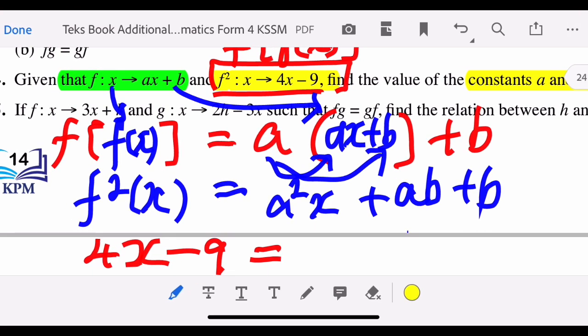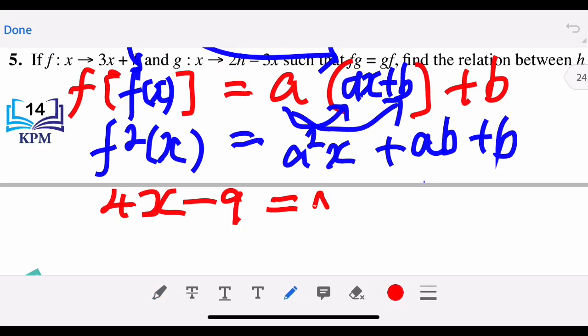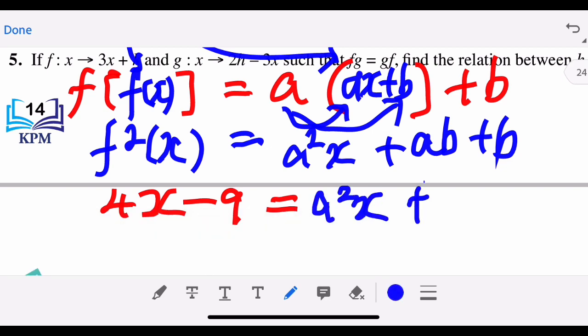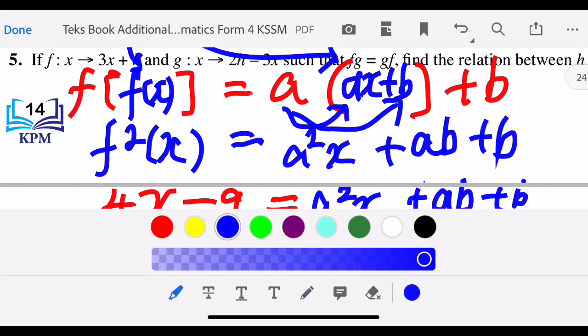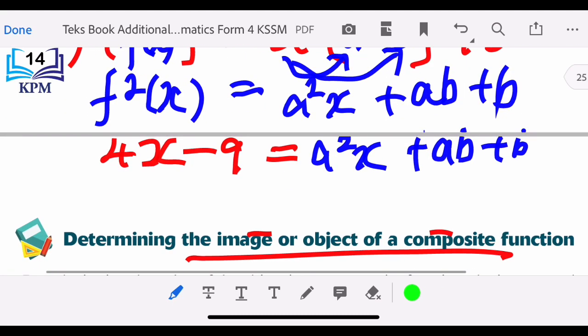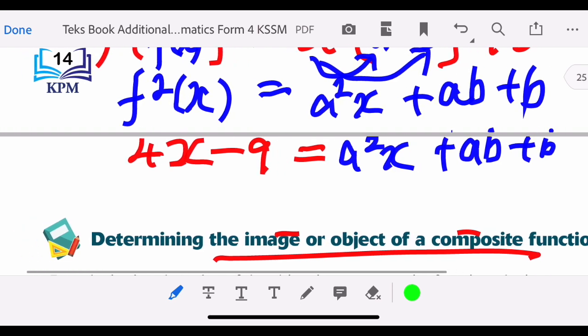So you can always make it the same. We are going to do comparison. How to do comparison? You use a highlighter, you just highlight like this. I'm going to compare the one with the x, so I highlight.